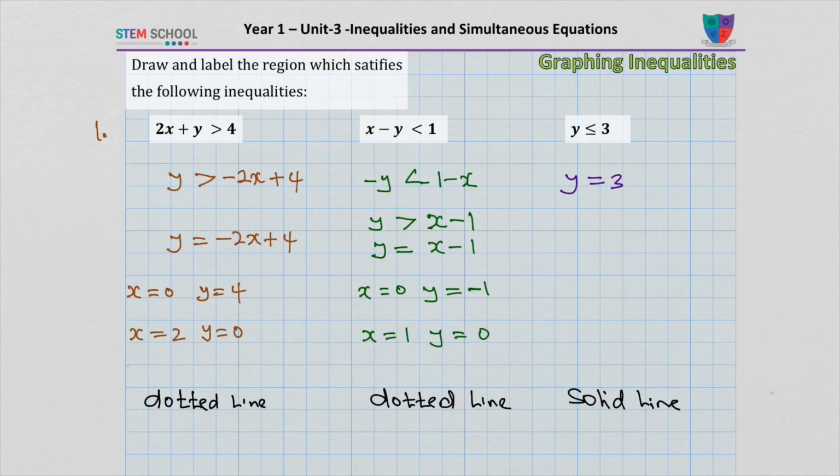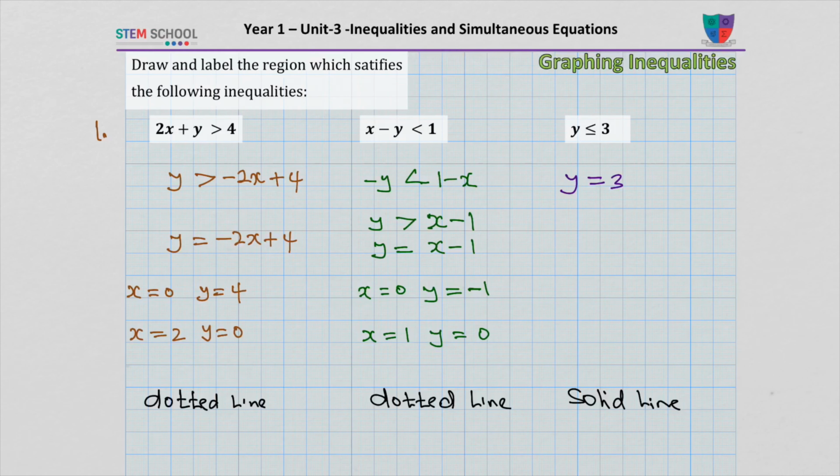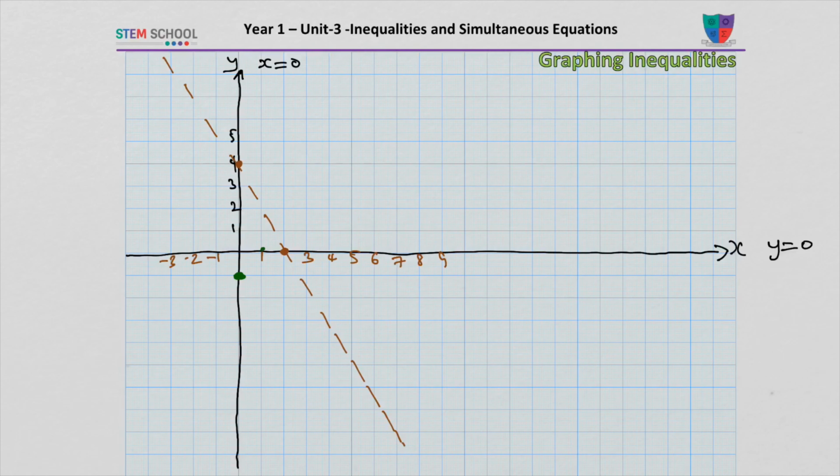Second point is x is 0, y is minus 1. So we want x equals 0, y is minus 1. That's that point there. And x is 1, y is 0.